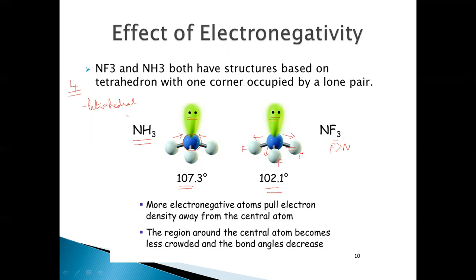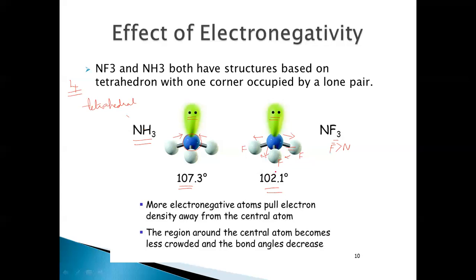These blue balls are fluorines. Because of this, they are pulling the electrons closer towards them, and the bond pair repulsions are reducing because F is more electronegative. So the repulsion between the bond pairs is less in NF3 when compared to NH3. As a result of this less repulsion, the bond angle is reduced.